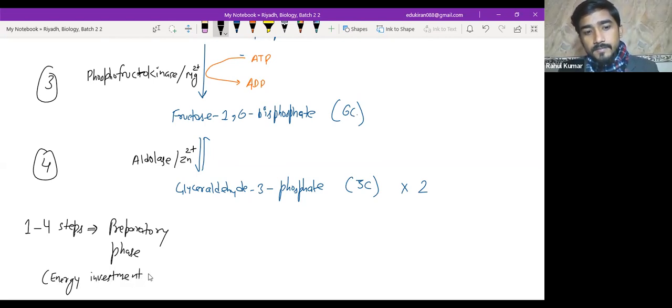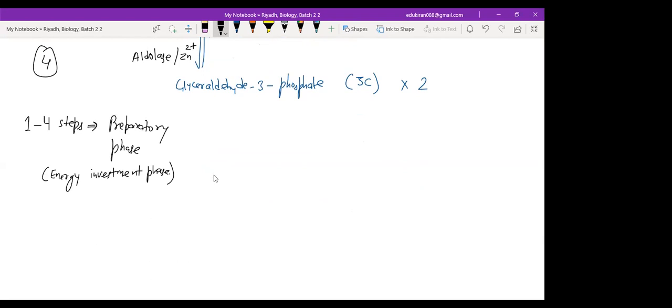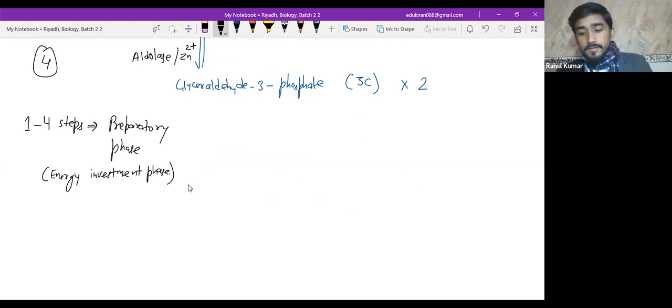It's like a business. You have to make investments to get returns, right? So everything till now was spending energy. So this was the preparatory phase or energy investment phase. Is it clear, everyone? Yes, sir. From this step onwards, we will be making energy.